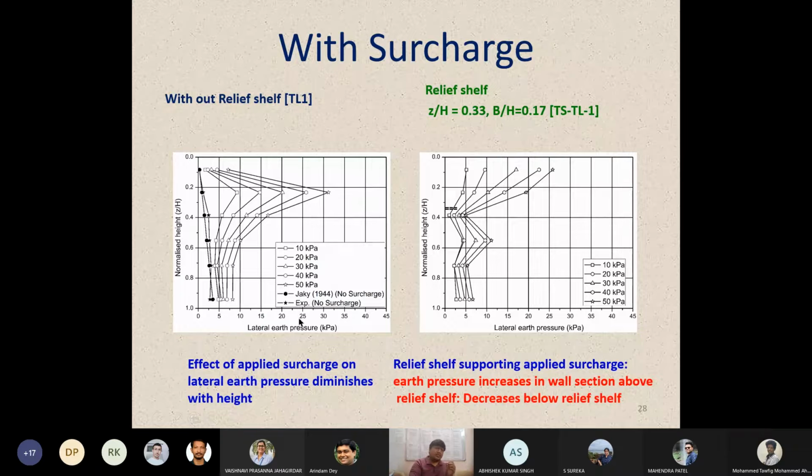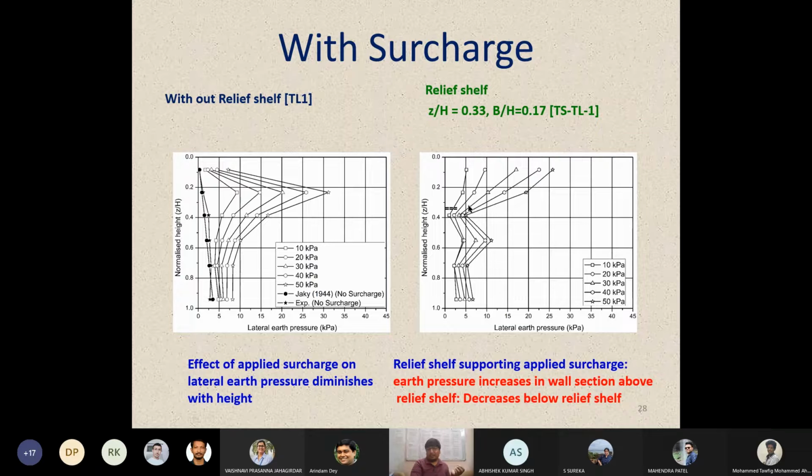Due to the application of surcharge, the magnitude of the lateral earth pressure is majorly higher in this portion and lower in the bottom portion. This is happening because of the mitigation of the lateral earth pressure. The magnitude of earth pressure diminishes with height, and that is why the effect of surcharge is not noted in the bottom position of this wall.